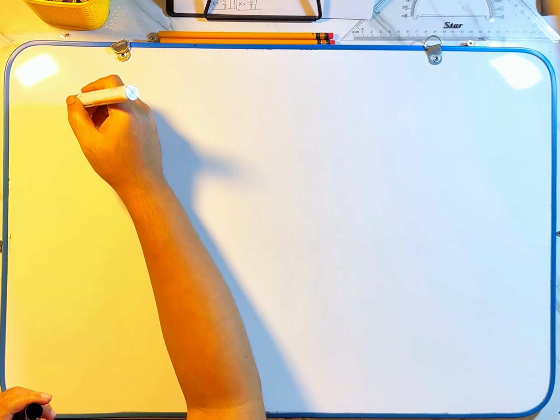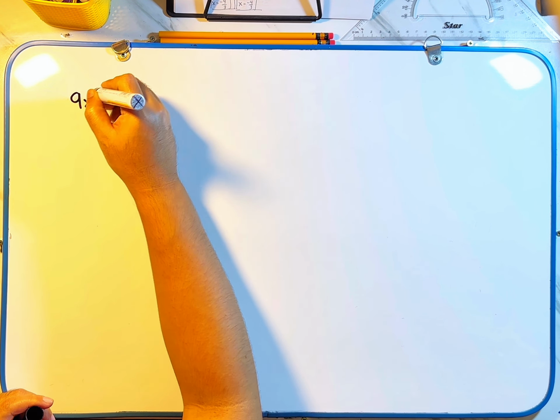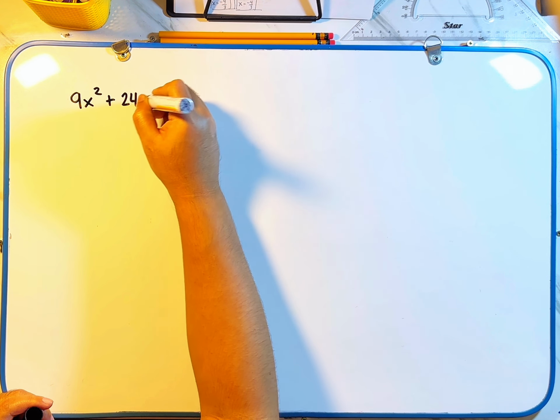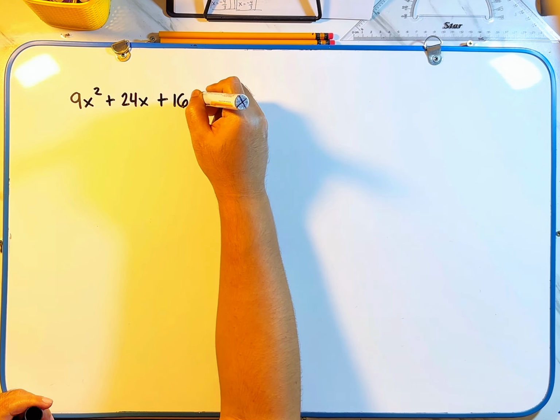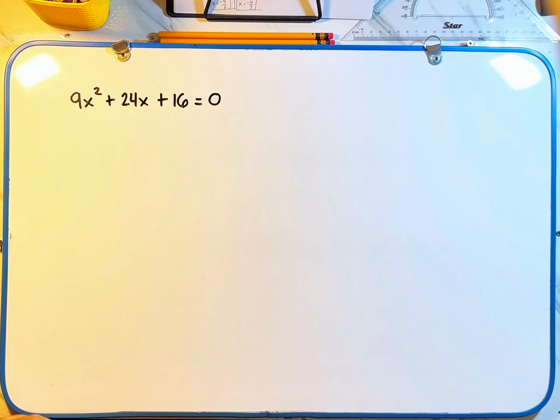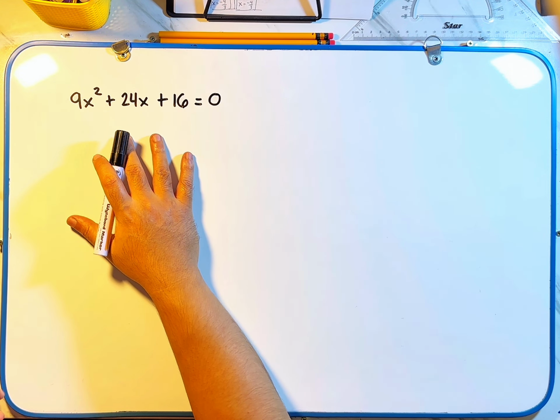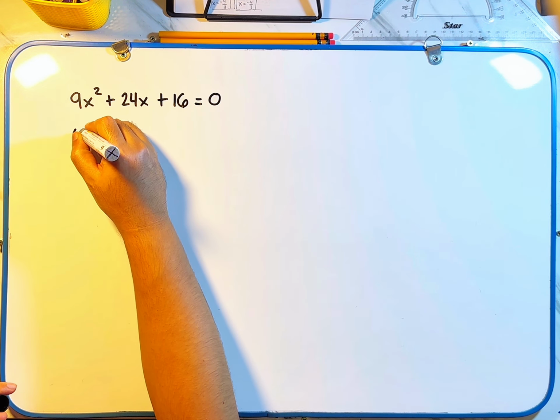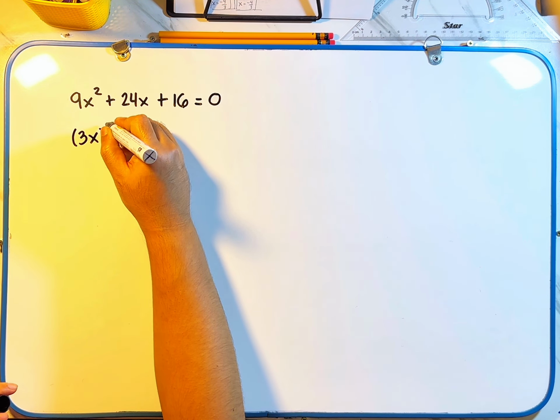Next, let us solve 9x squared plus 24x plus 16 equals 0. Okay, let us factor this quadratic trinomial using the perfect square trinomial. 9x squared is (3x) squared.